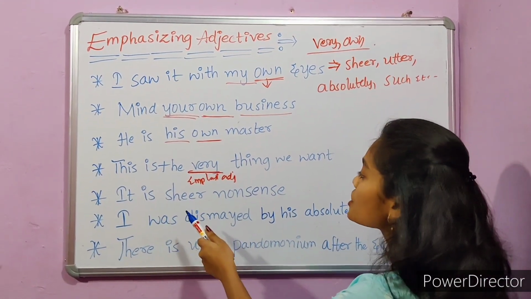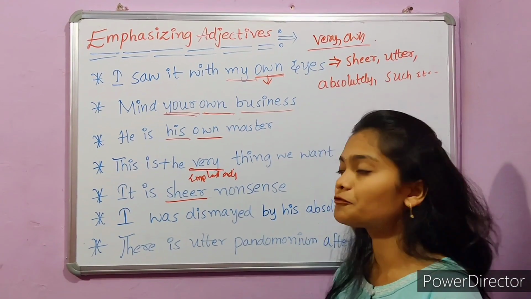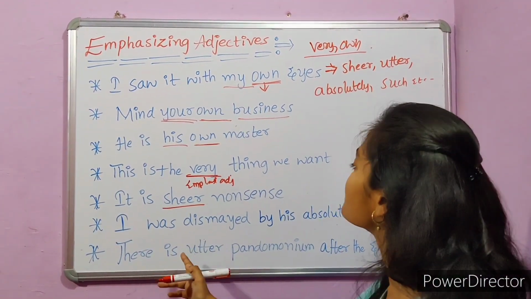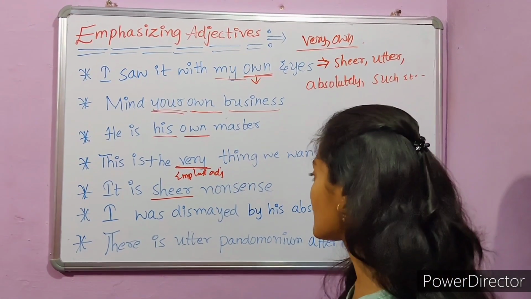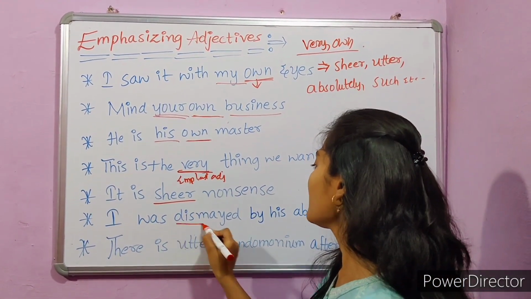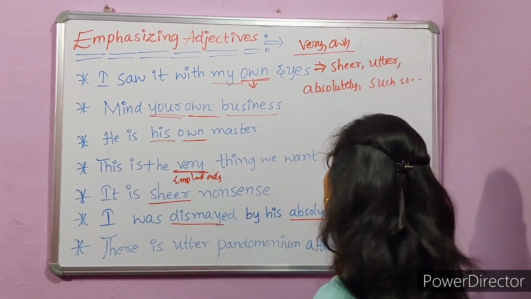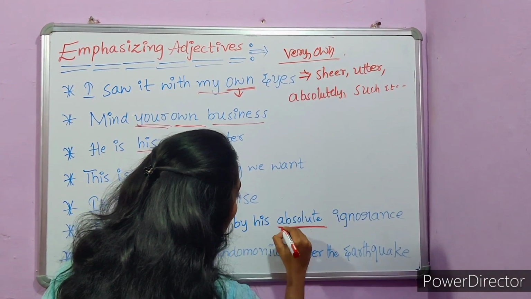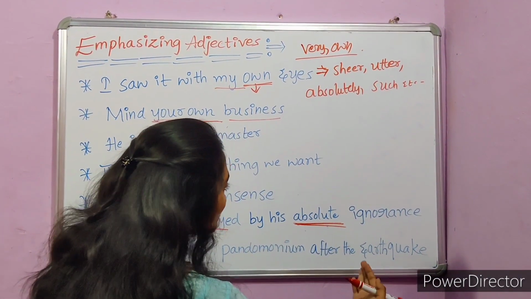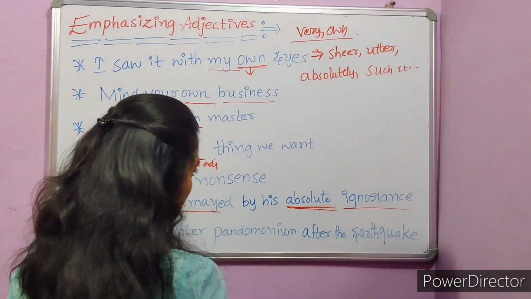It is sheer nonsense. In this sentence, sheer is an emphasizing adjective. I was dismayed by his absolute ignorance. In this sentence, dismayed means disappointed. By his absolute ignorance. What kind of ignorance? Absolute ignorance. Here I am stressing or emphasizing the word ignorance by using the word absolute.